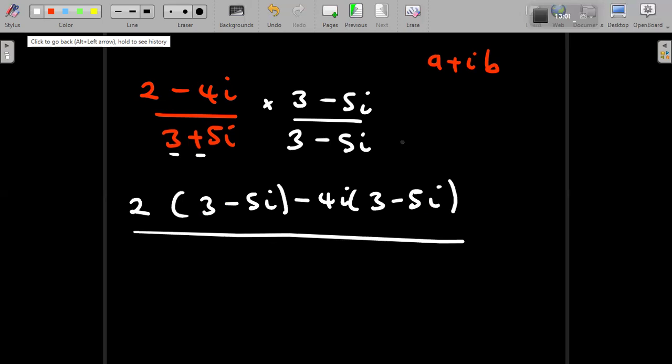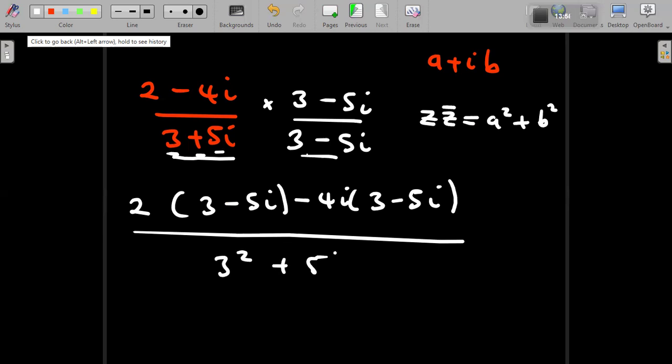In the denominator, you can multiply, or you can remember the rule: when we have this z, our complex number in the denominator is 3 plus 5i, then our conjugate, which has a bar, is what we are multiplying by. So it's a squared plus b squared. You identify your a and b: your a is 3 and your b is 5. Then you just square those, 3 squared plus 5 squared.